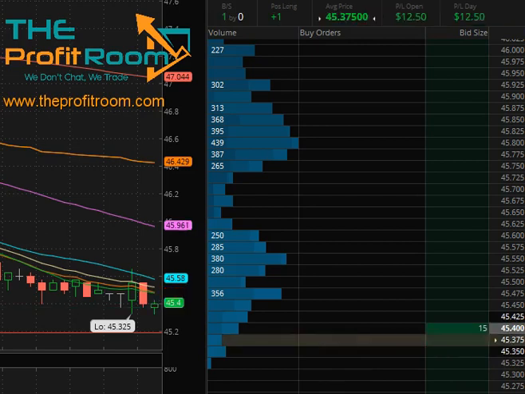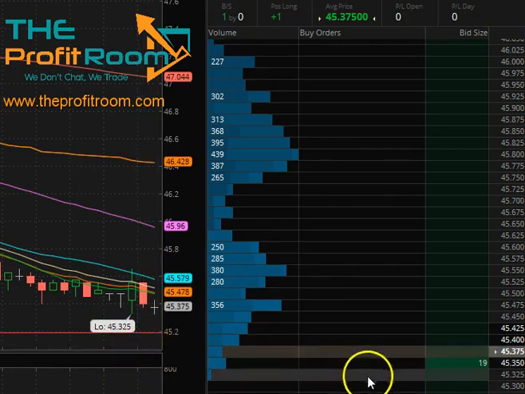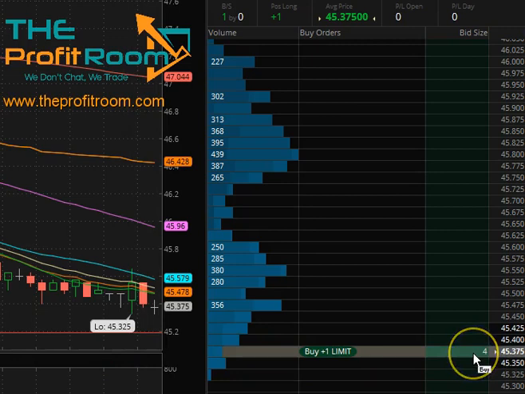So we're going to take the chance and get in here now. Now there's room to add. I like it, but I don't want to see it go below like 45.31 or so. I'm willing to risk about $100.